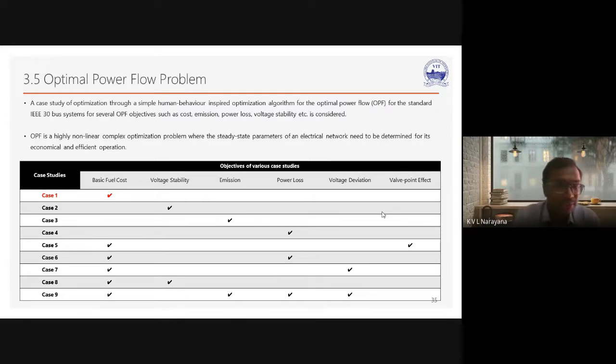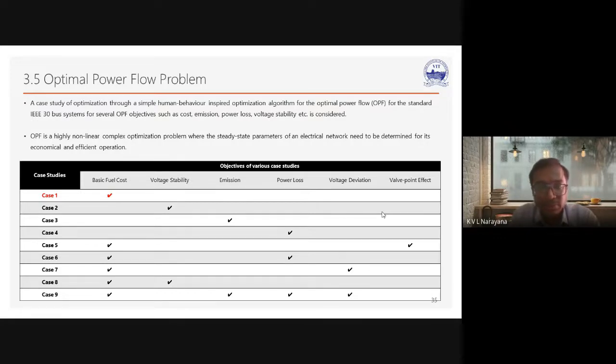In the first case, he considered the fuel cost; he minimized the fuel cost of the IEEE 30 bus system. In the second case, he considered only the voltage stability, maintaining the voltage stability. In the third case, he considered the emission, minimizing the emission of the various components present in the system, and in the fourth, minimization of the power loss.